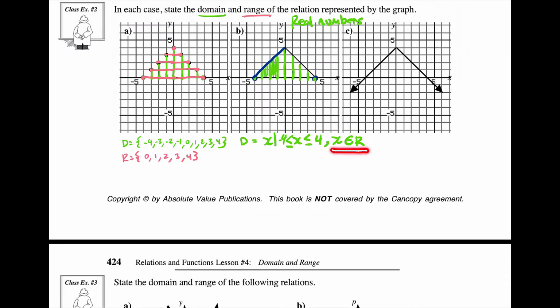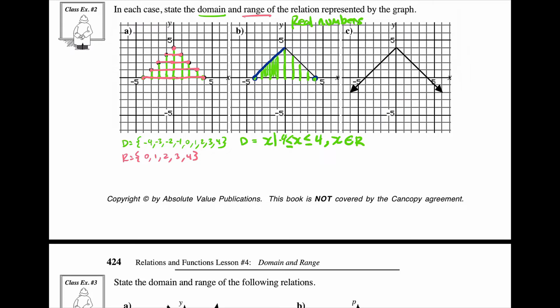This means x is a subset of all real numbers. So the domain equals x such that x is greater than or equal to -4, and it is less than or equal to +4, and x is a subset of all real numbers. So sort of a weird way to write it.